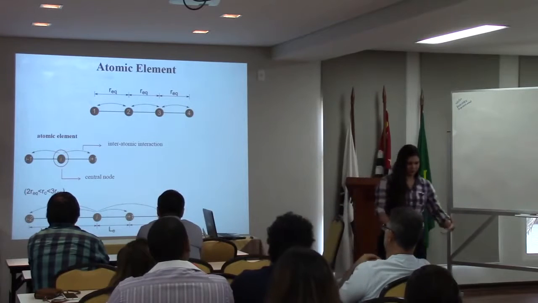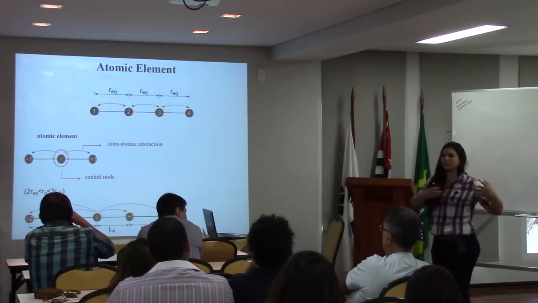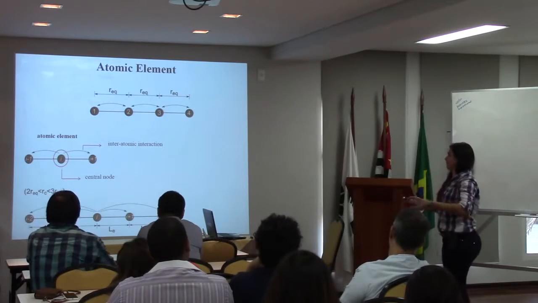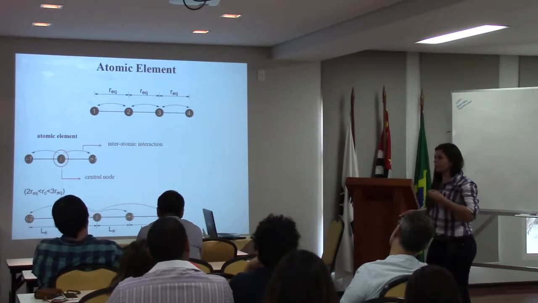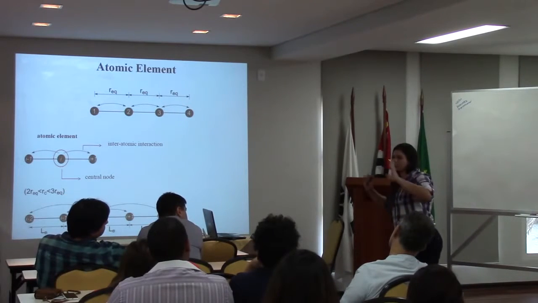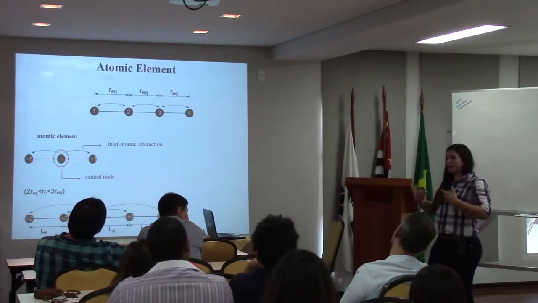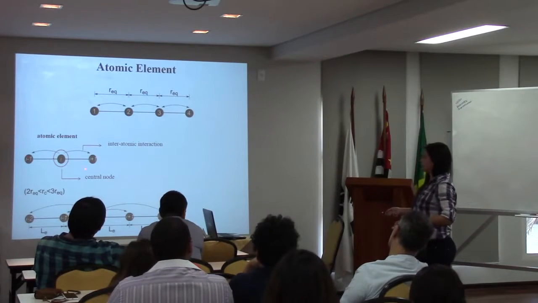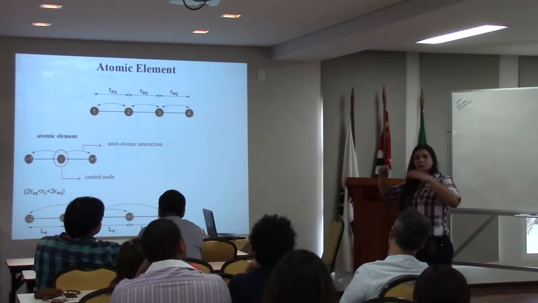The next topic is that I need to define my atomic element as a finite element. Consider this system, a chain of 4 atoms. To get this kind of chain, I can define my atomic element as this one with 3 atoms, or this one with 5, or others.